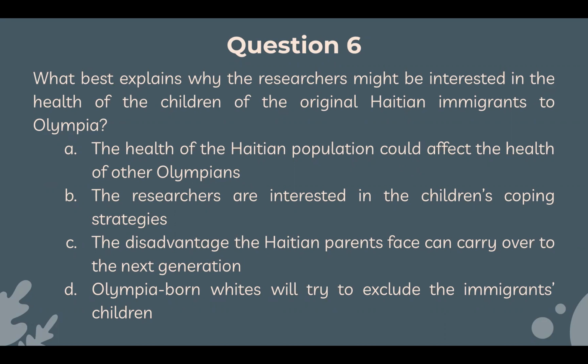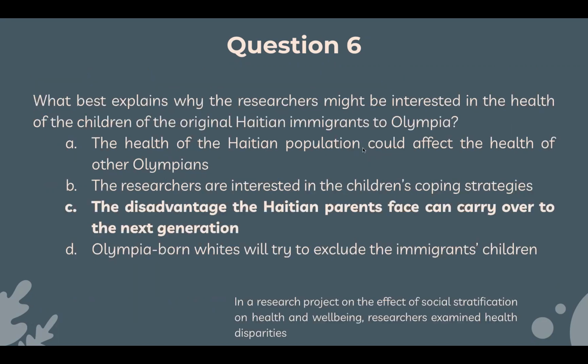Basically, the only option that will focus on the intergenerational relationship is C. Yeah, exactly. So the first sentence of the passage states that the researchers are trying to study the effect of social stratification on health and well-being. One thing about social stratification is that it can carry over from one generation to the next. So if someone's parents are disadvantaged, the children are also more likely to be disadvantaged.